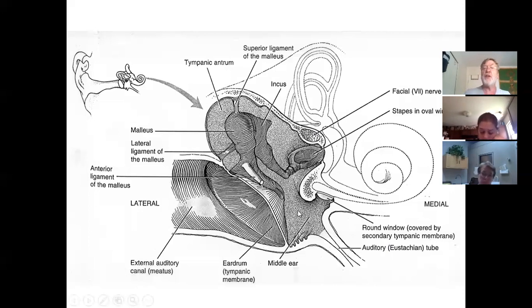And then the vacuum becomes replaced by serous fluid, because the mucosal lining secretes that, and now the middle ear bulges, the eardrum bulges, and then the serous fluid turns white, and now it's pus. Okay, you need to get medical attention there because we've got problems.